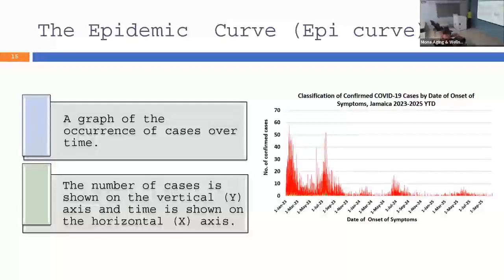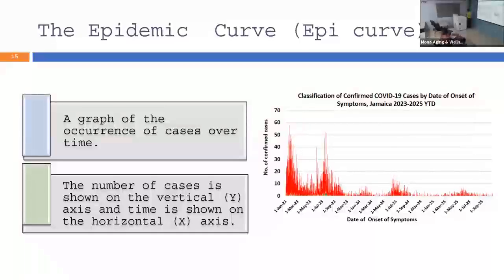This is a sample epidemic curve showing confirmed COVID-19 cases in Jamaica from 2023 to a part of 2025. You see the time on the horizontal axis and the number of confirmed cases on the vertical axis. So that would be an epidemic curve.